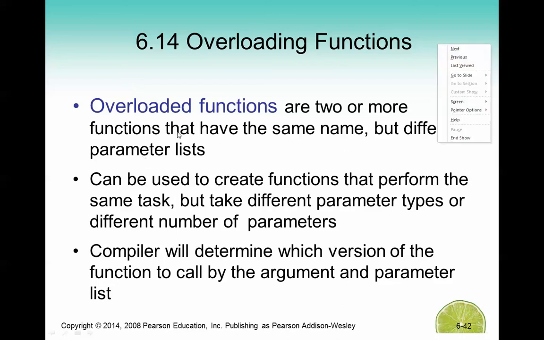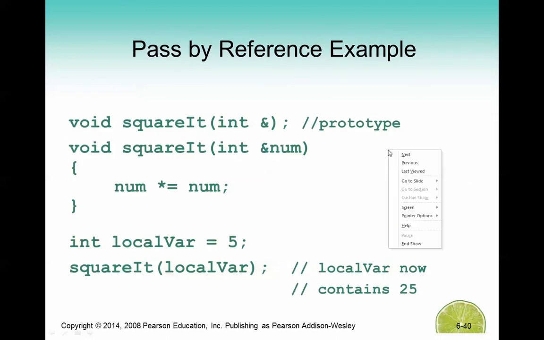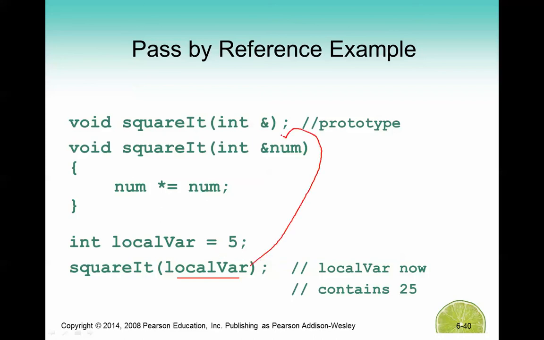I'm going to be using the square it that we have right here. Okay, here I'm making a call, and I'm calling square it and I'm only passing one value, right? And this value, well, in this case, is going to be a reference, so I'm just passing one address right here.